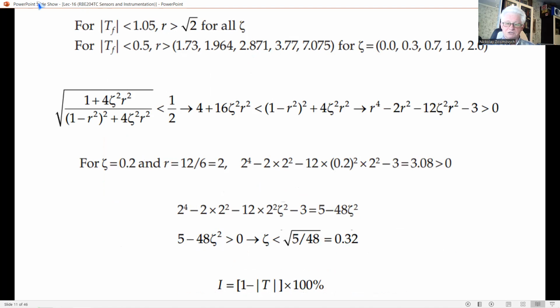And we can see on the top of this slide, when the absolute value of T sub F is no more than 1, r is simply greater than square root of 2 for all theta. And second, when the absolute value of T sub F is no higher than 0.5, or simply 50%, r may be greater than this value for a specific theta value.